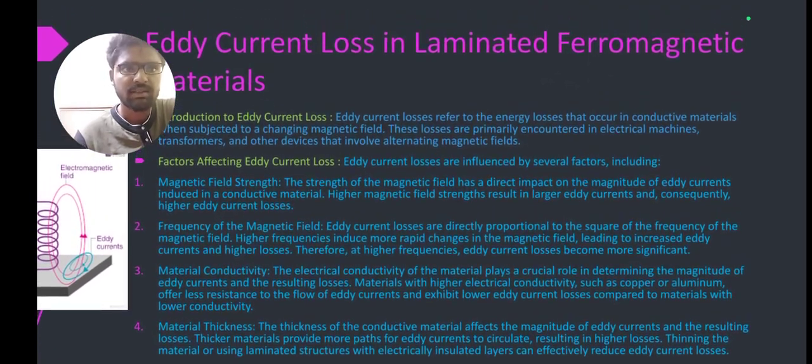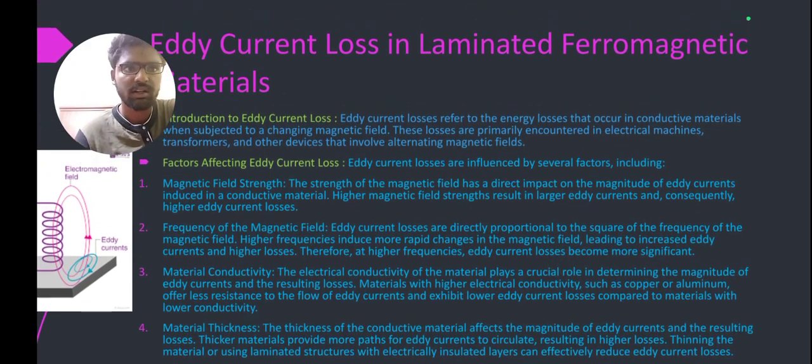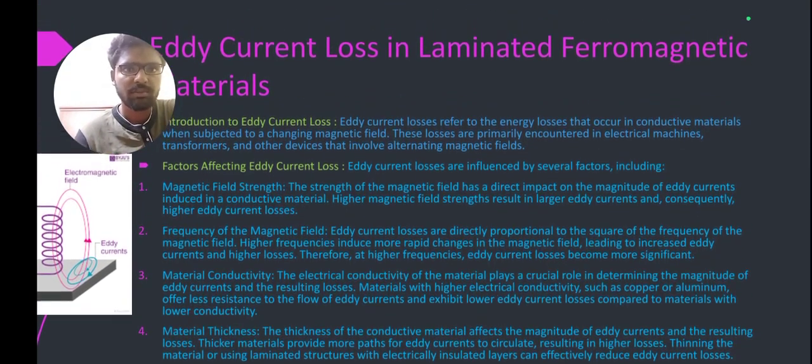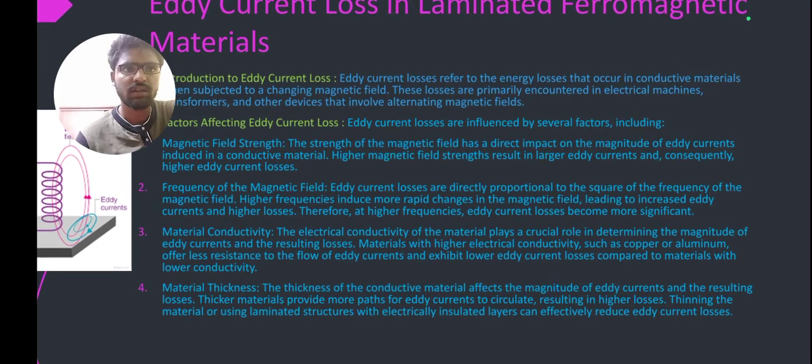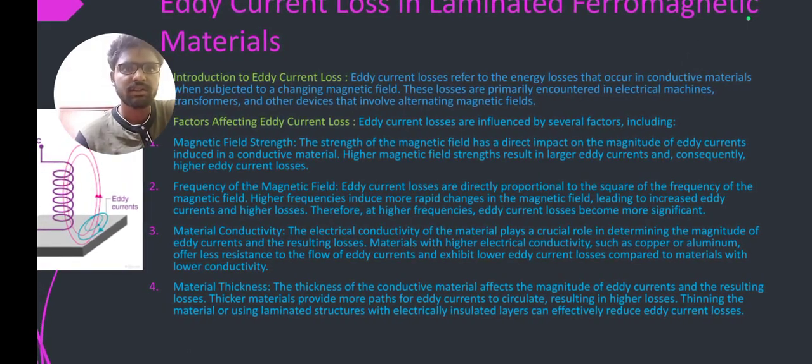Eddy currents refer to the energy losses that occur in a conductive material when subjected to a changing magnetic field. These losses are primarily encountered in electrical machines, transformers, and other devices that involve alternating magnetic fields. Eddy current losses are influenced by several factors, including magnetic field strength.